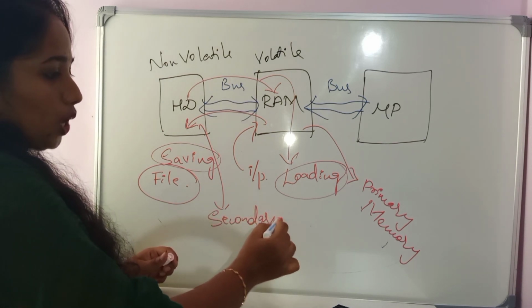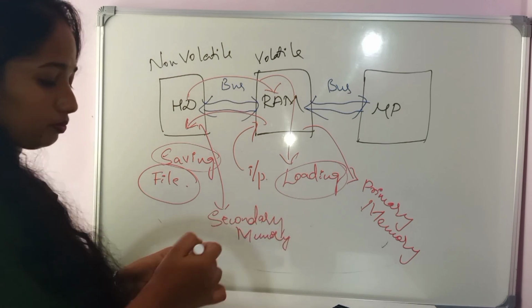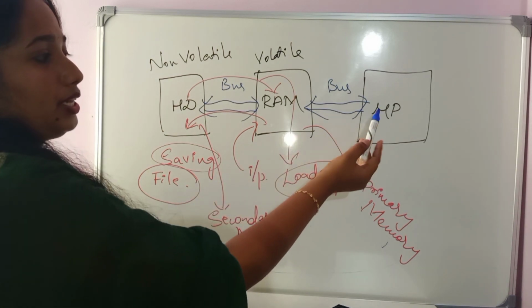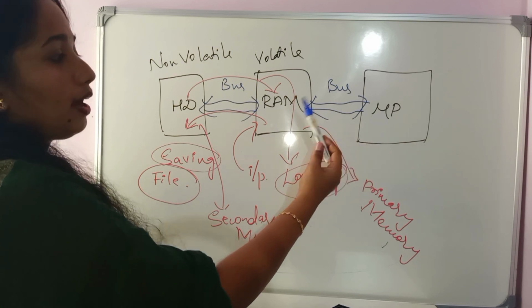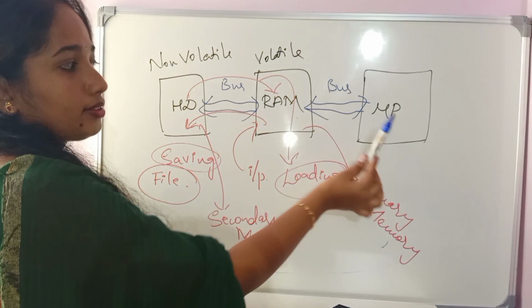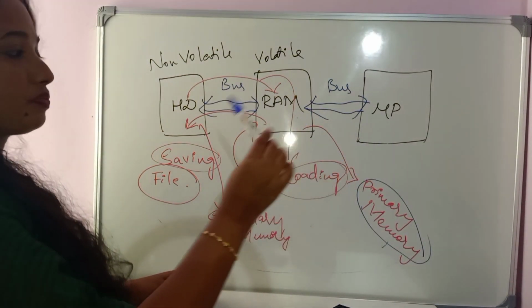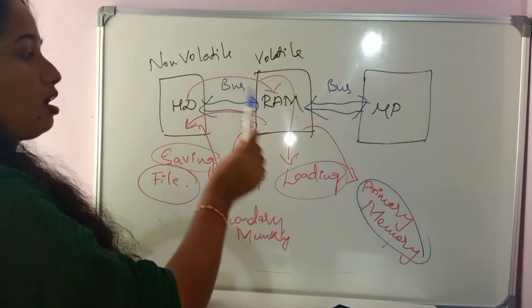Why is RAM called primary memory? Because RAM is directly accessed by the microprocessor. So to the microprocessor, RAM is the primary memory. But the hard disk is accessed through RAM.